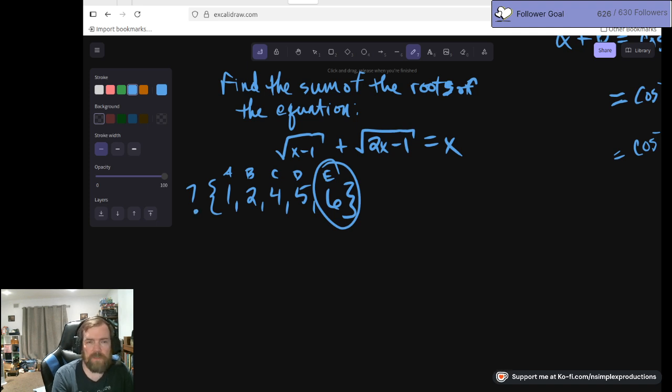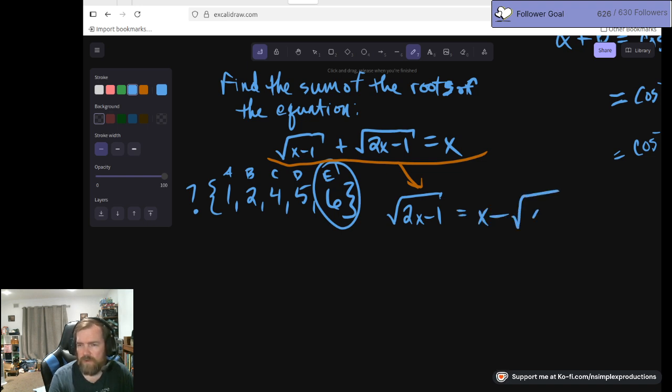Since this is actually a math channel, right, then we want to actually solve this. So how do we do it? Okay, I said earlier, if we move the other one, 2x minus 1, here, and then we set this equal to x minus square root of x minus 1, and then square both sides.